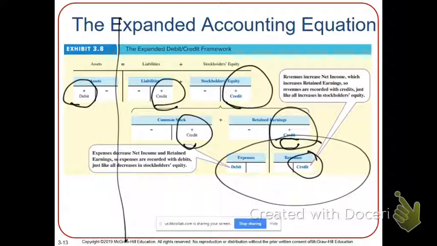The only things on the right side of the equation that increase with a debit are expenses, and we haven't done much with this, and dividends. That's a D for debit. Everything else increases with a credit.